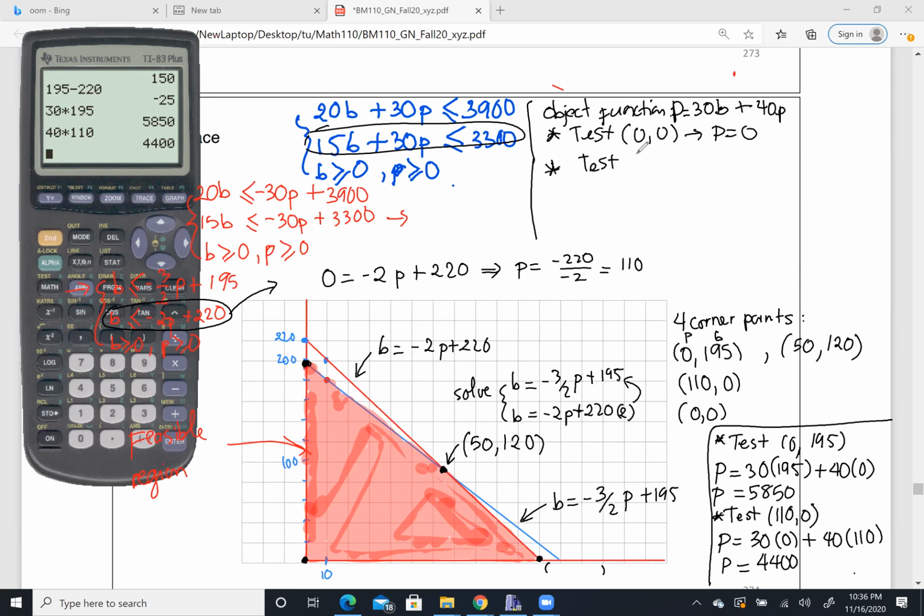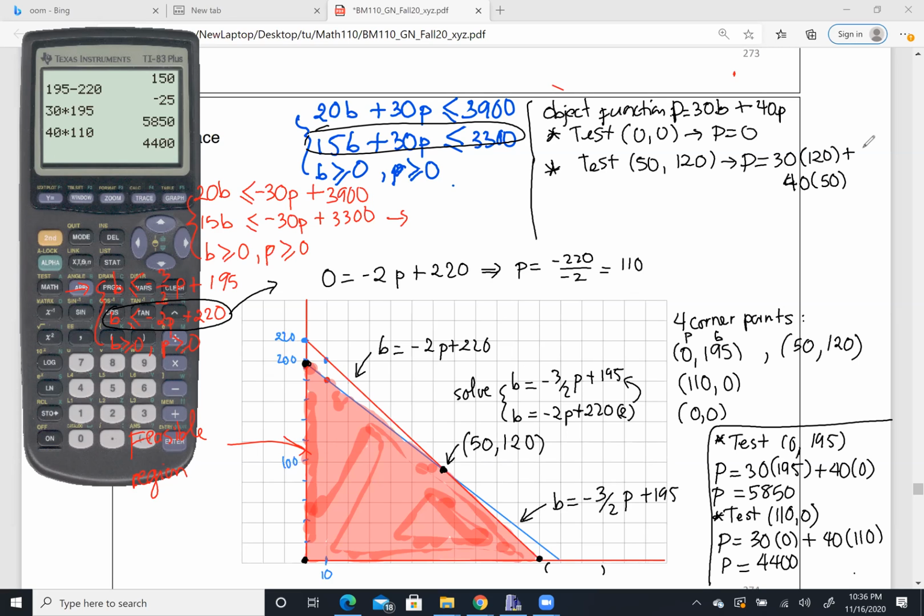The last one is 50, 120. So that's going to give me p equal to 30 times 120 plus 40 times 50. Okay, don't mess up with the position of b and p in here, okay?